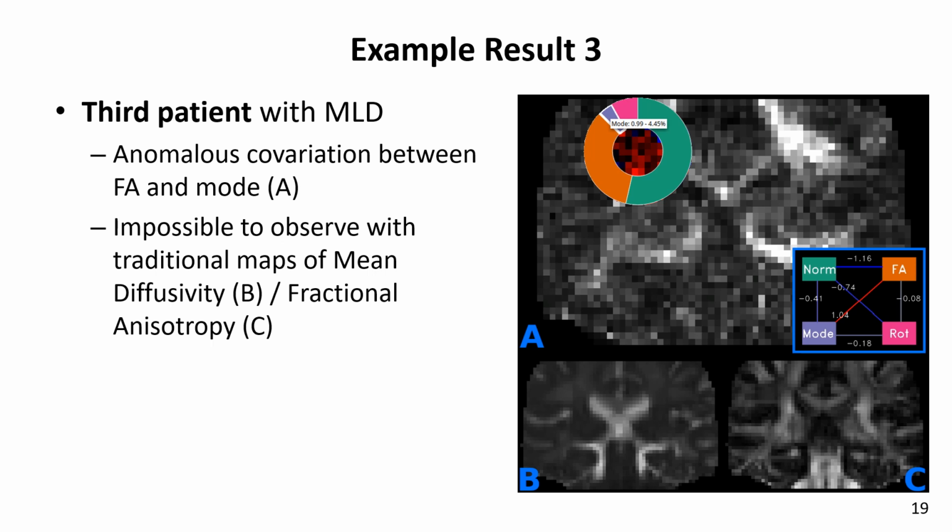This finding might indicate a region in which crossing fibers are unequally affected by demyelination, and this would have been impossible to observe in a traditional inspection that just accounts for mean diffusivity and fractional anisotropy.